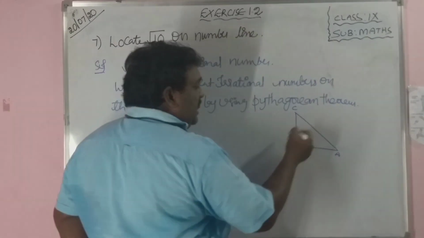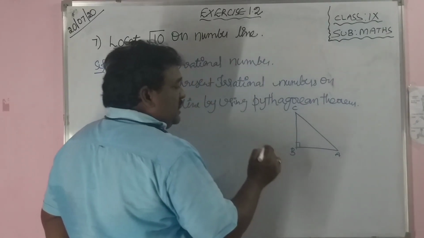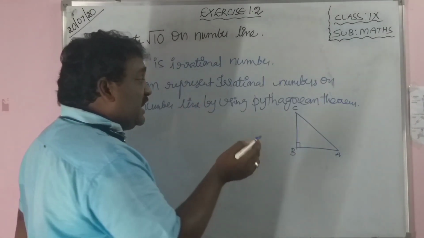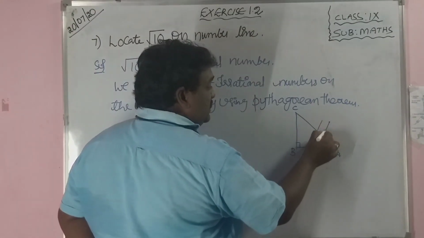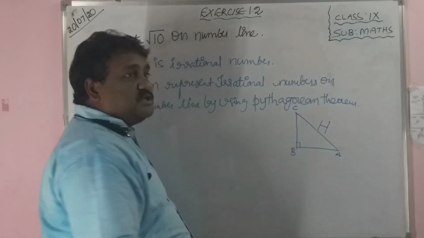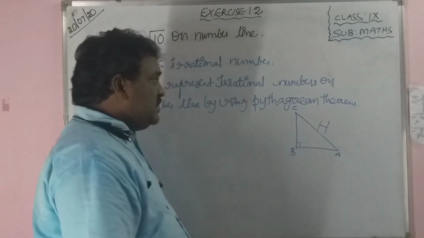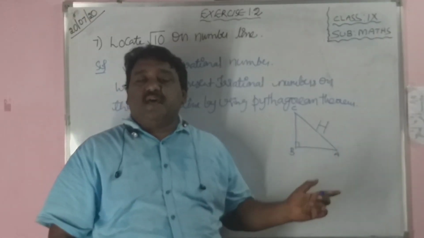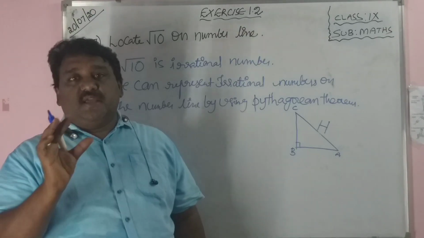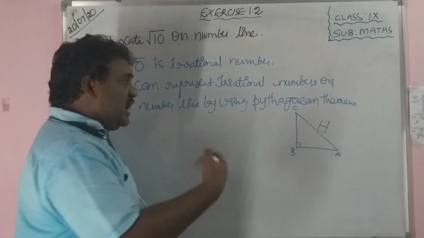And in a right angle triangle, the side opposite to the right angle is known as the hypotenuse. What is the side opposite to 90 degrees? Hypotenuse. And hypotenuse is the largest side in a right angle triangle. You know all the properties.